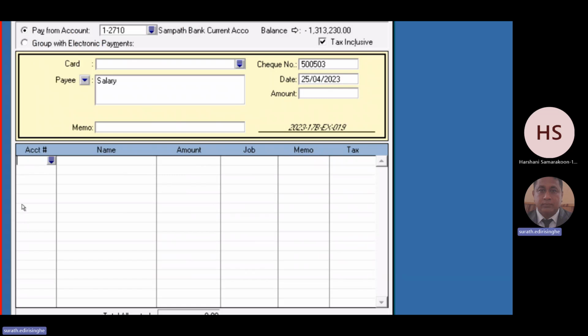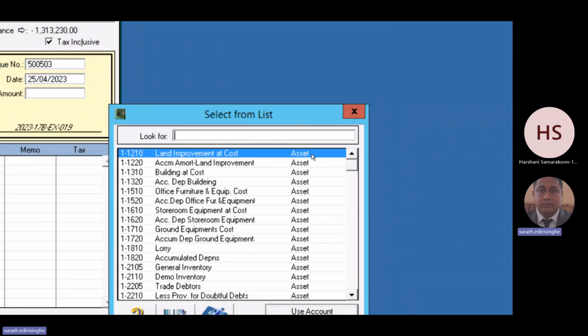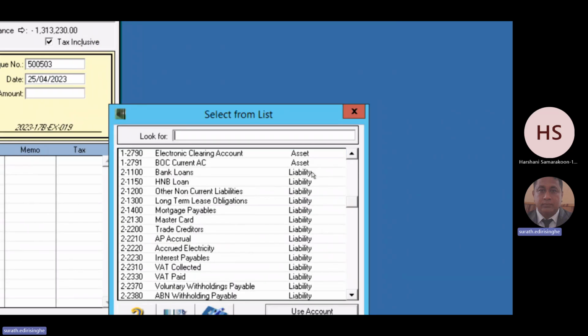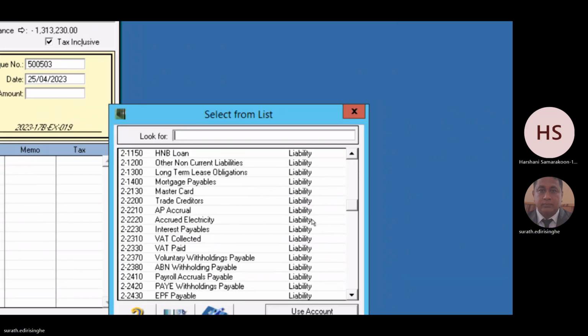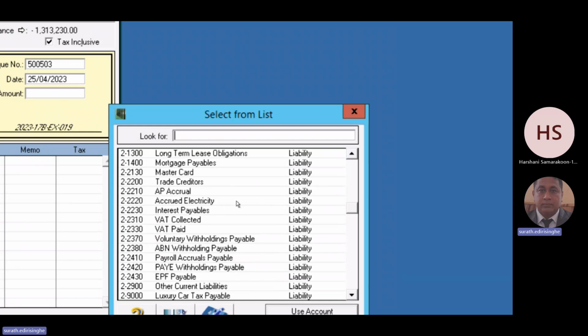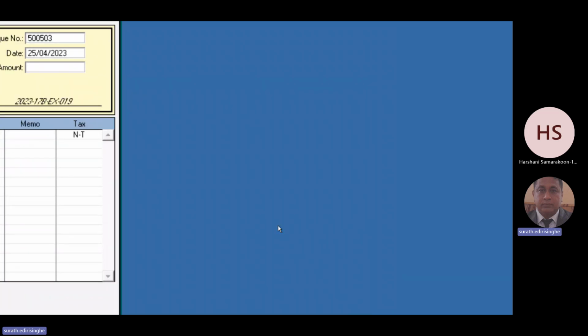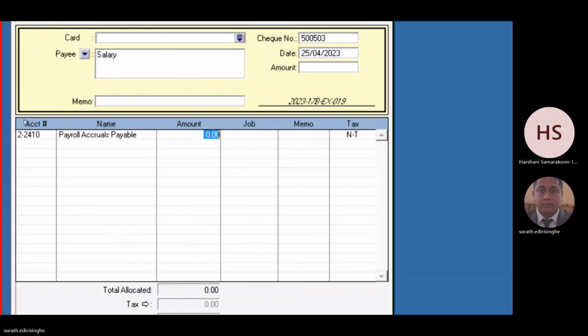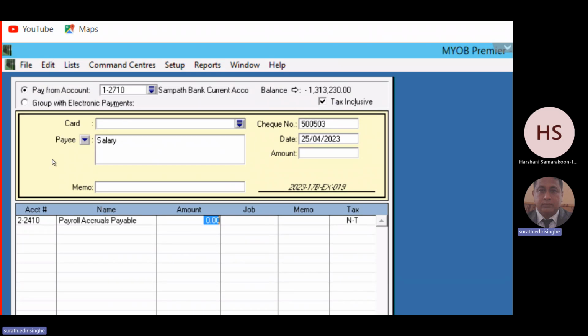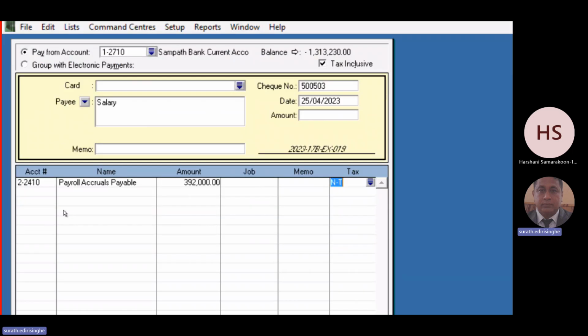What is the account? Salary payable or something, no? Salary accrued or payable account. Go to the liability. Payroll accruals payable. Amount 390,000 or something, no? 392,000.